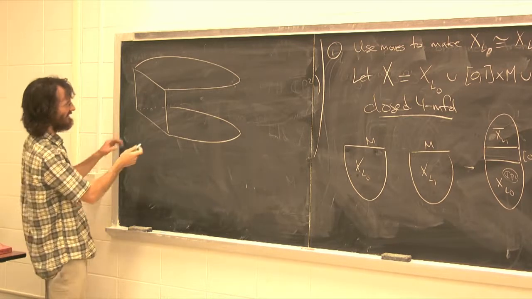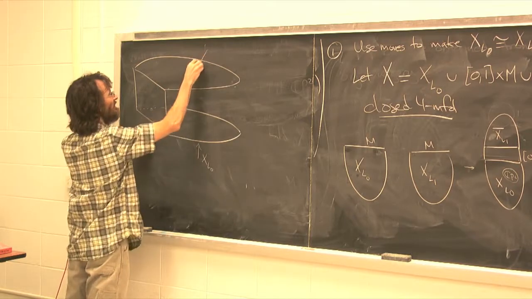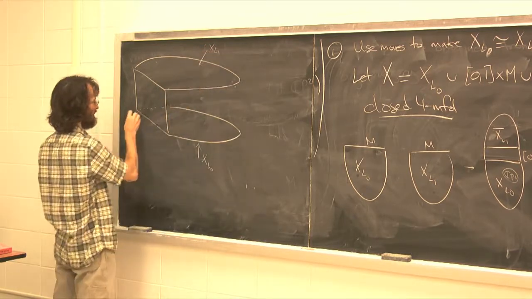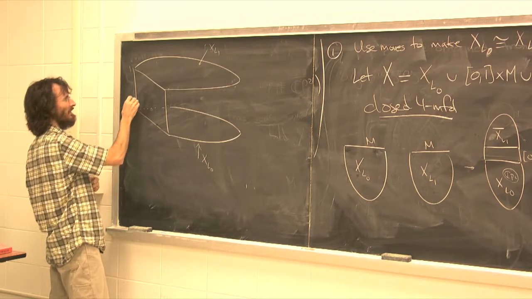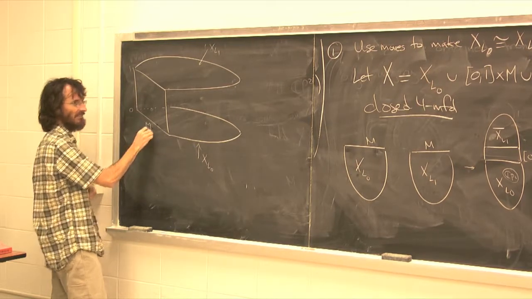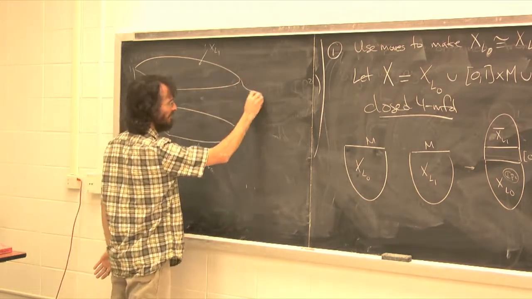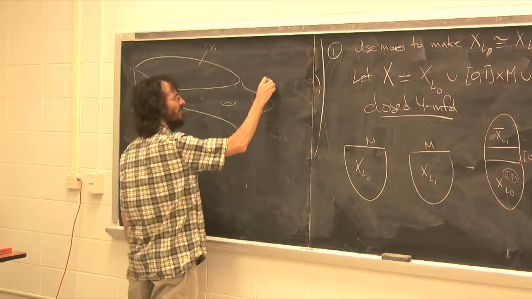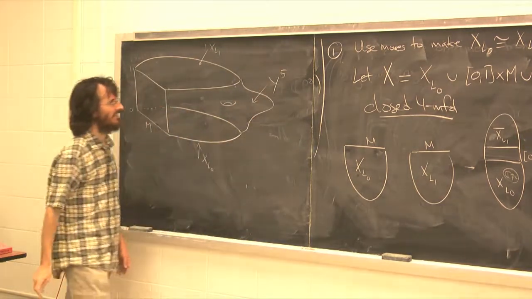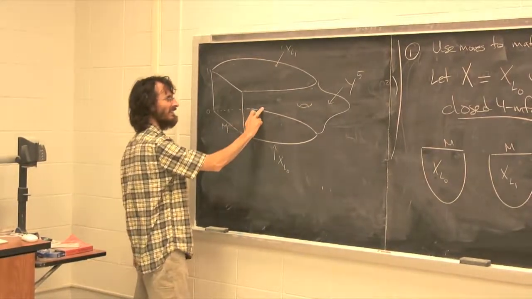So the idea is that this is going to be XL0, this is going to be XL1, and this is the product 0,1, the interval 0,1 cross M. So this over here is M. I'm just taking that thing and folding it at right angles. And now here's the 5 manifold that bounds somehow in here. So this is Y5. This is just an entirely schematic picture, but it means something.